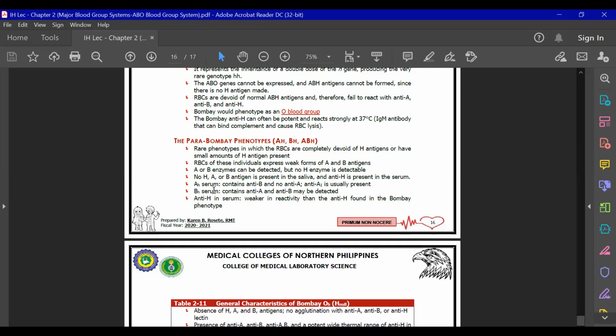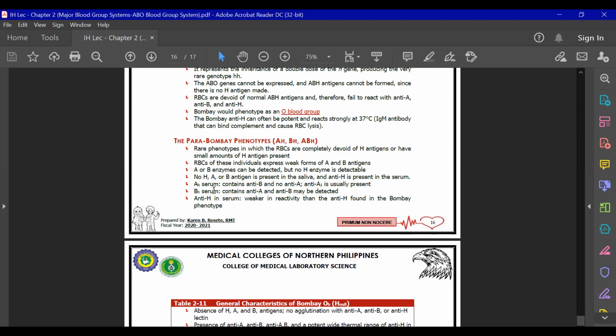Kaso nga lang, class, this very rare phenotype has very small amount of your B antigen on the red cells that it is hard for us to almost detect all of it. So once na you test the red cells of these individuals with your anti-B antisera, it is possible na magkaroon ng reaction. Kasi nga possible na may possibility pag sa reverse, may possibility na meron siyang anti-B kasi nga halos walang B antigens on the red cells.